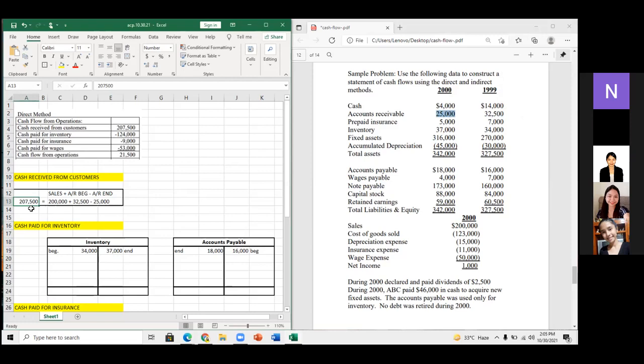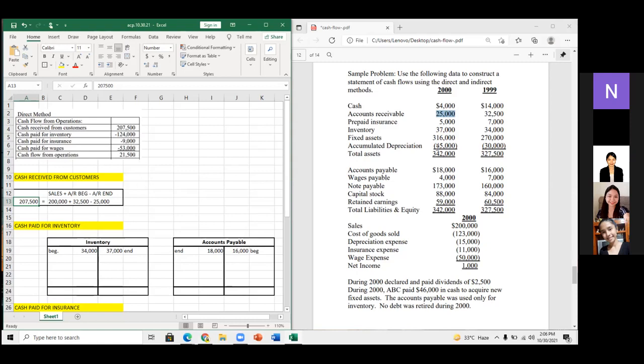And after nyan, pumunta naman tayo sa inventory. Di ba nasabi kanina na kapag sa operating, ang mga included lang doon is yung mga current assets and current liabilities. So, move on na tayo sa inventories, kung paano ba nakuha tong negative 124.